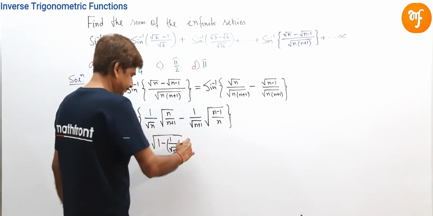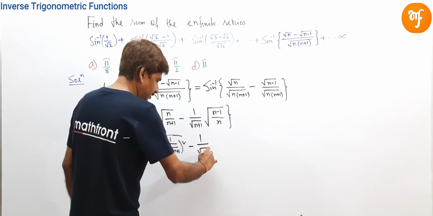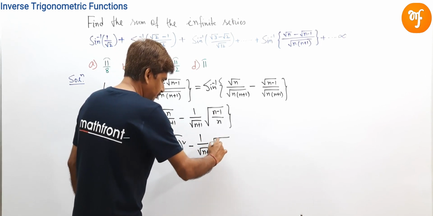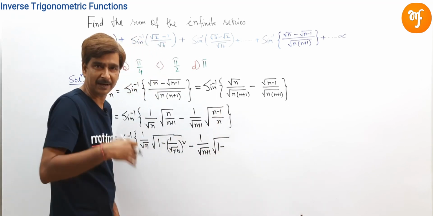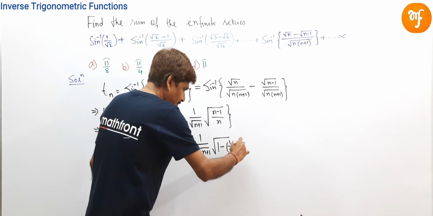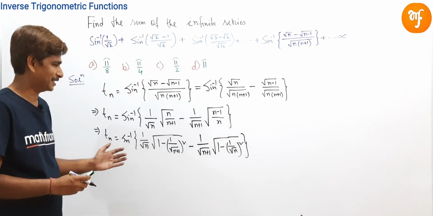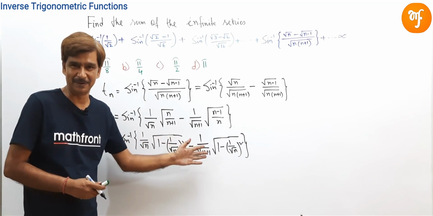Minus 1 divided by root over n plus 1 into 1 minus 1 by n, and 1 by n can be written as 1 divided by root n whole square. Now, this is obviously in the form of sine inverse x minus sine inverse y. Why?